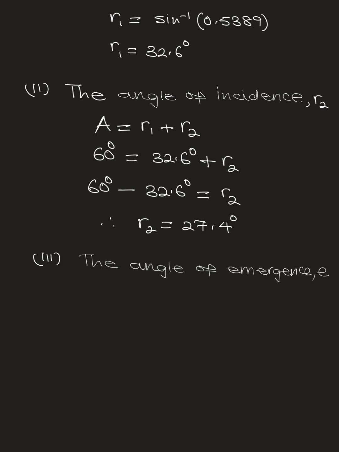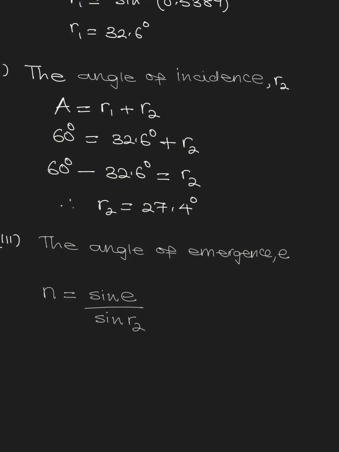E, we know that the refractive index is equal to the sine of the angle of incidence, that will be E, divided by the sine of the angle of refraction, so that is R2 at surface AC. Okay, we are considering light moving from air to the glass, so that is the refractive index that is given as 1.52.